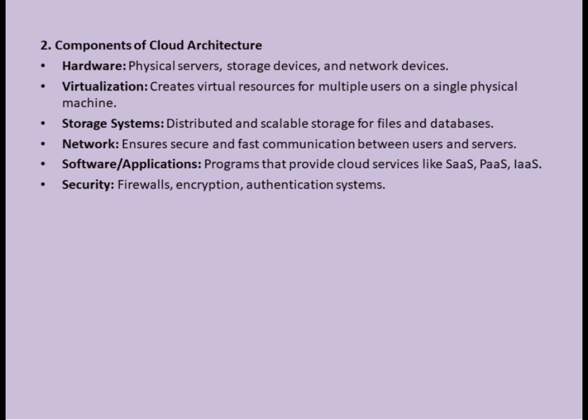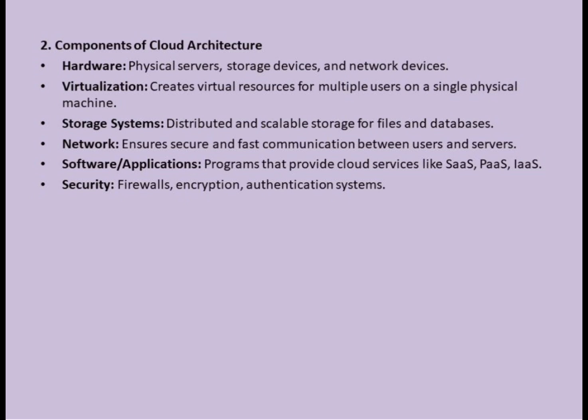4. Network. The network component ensures secure and high-speed communication between cloud servers, data centers, and end users. It manages routing, load balancing, and data transfer through reliable internet connectivity. 5. Software applications. This includes the programs and platforms that provide cloud-based services like SaaS, PaaS, and IaaS.